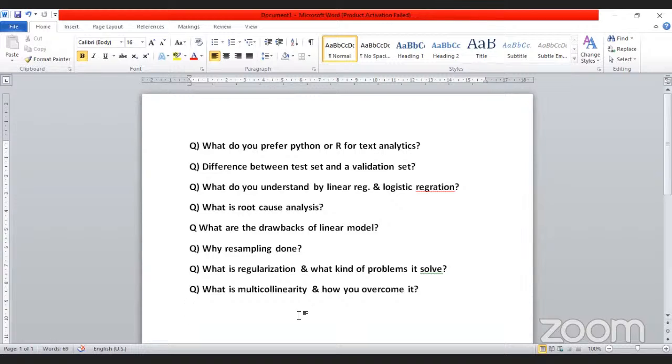Then we have the influence plot as well, with which we can find out which input variables are influencing and causing the multicollinearity issue. If we remove that variable, we solve the problem.